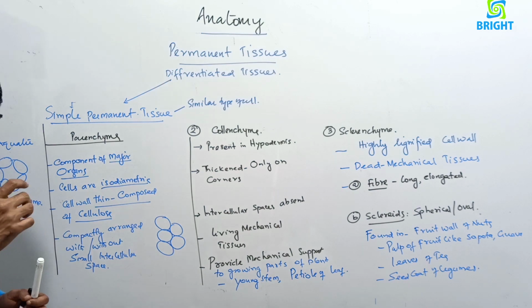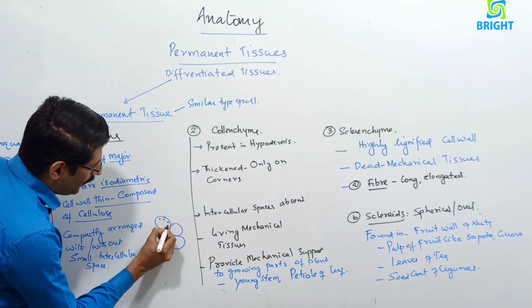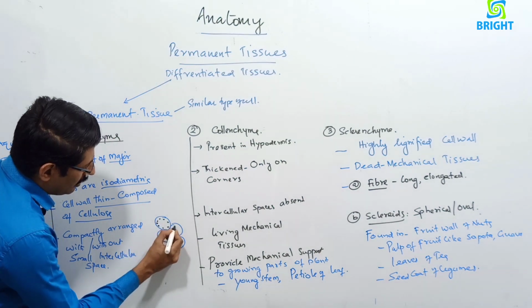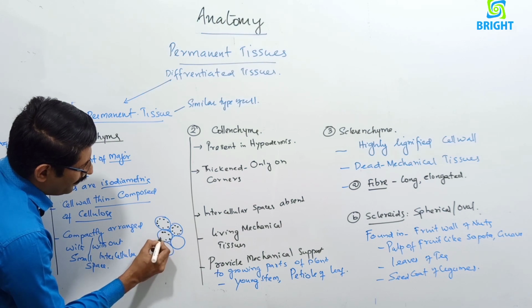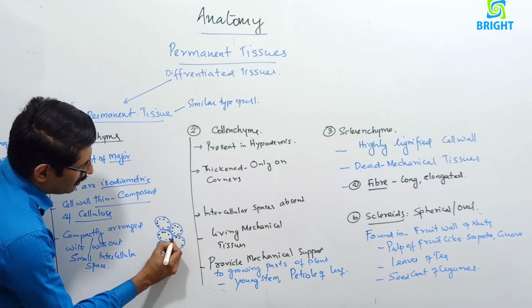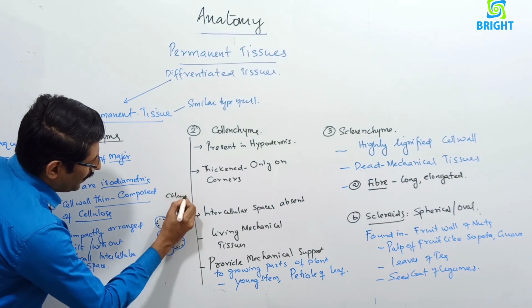But in the leafy region, the parenchyma, the mesophyll cells, have more chloroplasts in their cells.